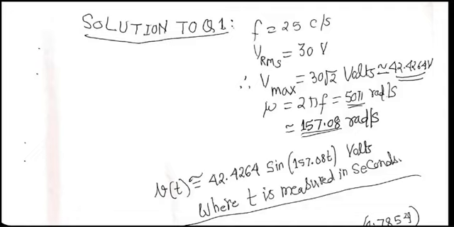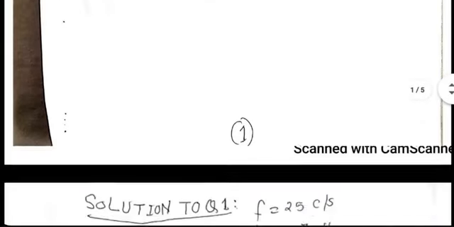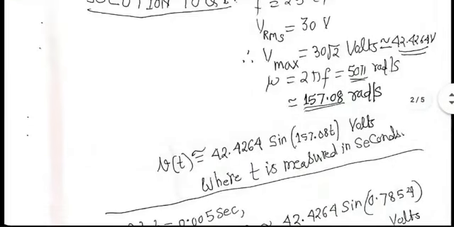Now, one very important thing here is the last sentence. Assume that the wave crosses the time axis in a positive direction when the time is equal to 0. How do you ensure that? The derivative of small v with time should be positive when t is 0.